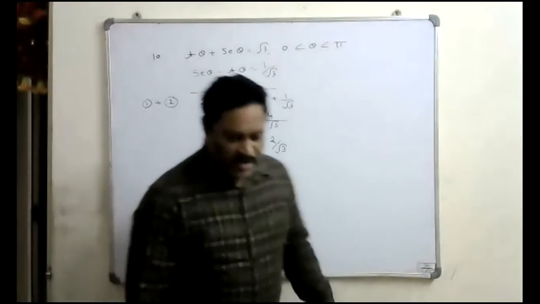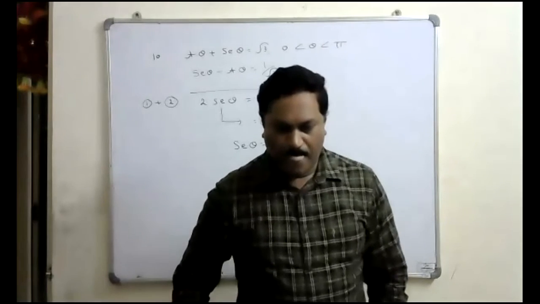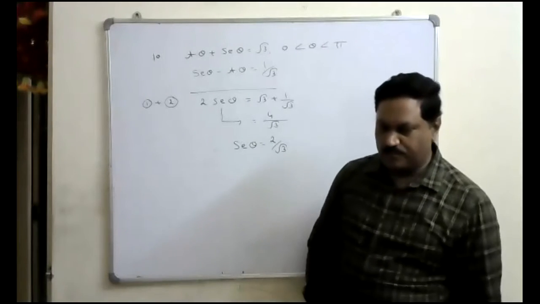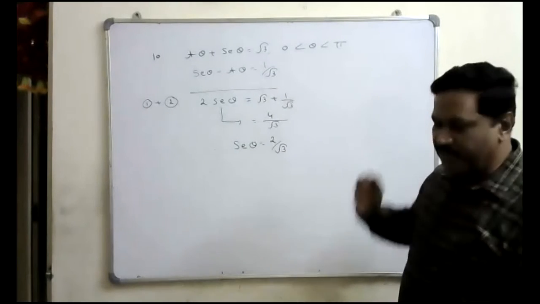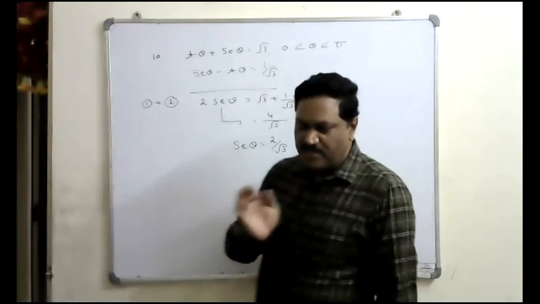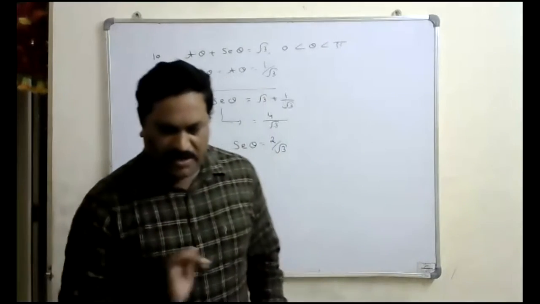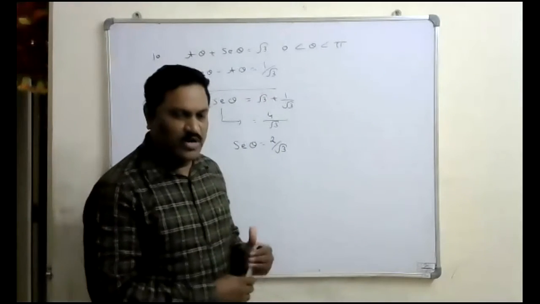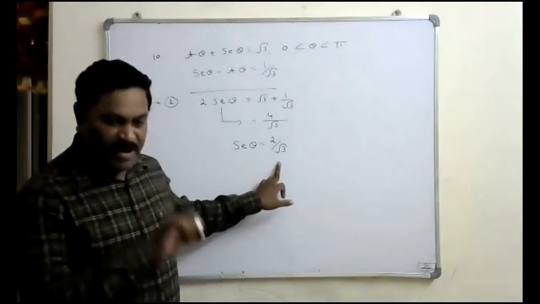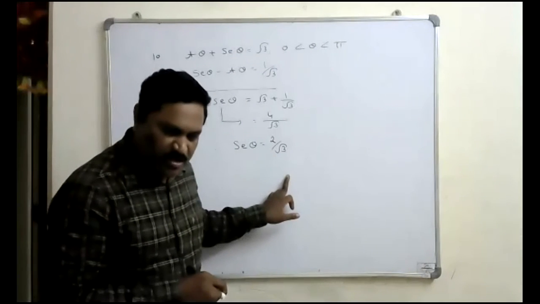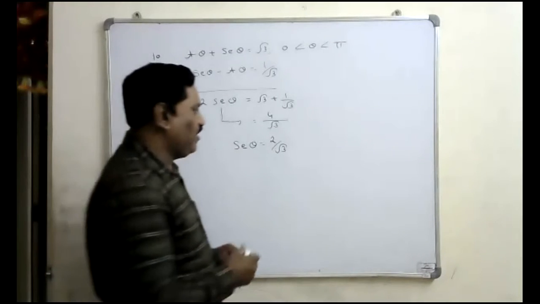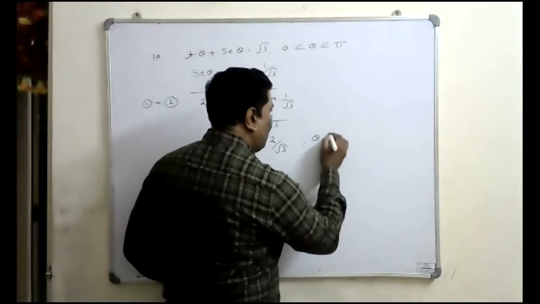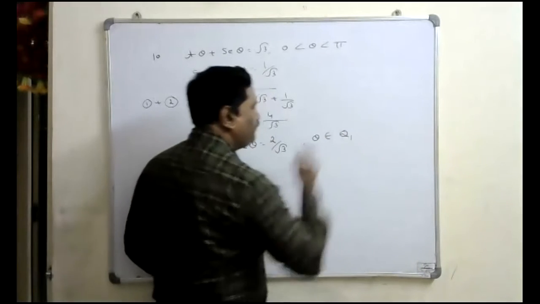So in which quadrant does theta lie then? 0 to pi is given, which means it may lie in the first quadrant or in the second quadrant. If it lies in the second quadrant, we should get a negative value for secant. But we got a positive value, meaning theta lies in the first quadrant.